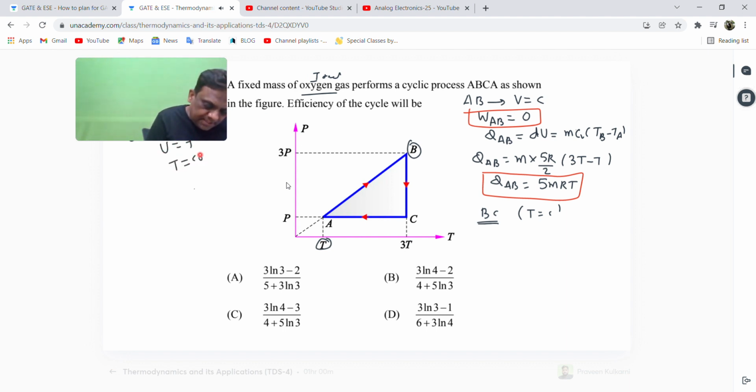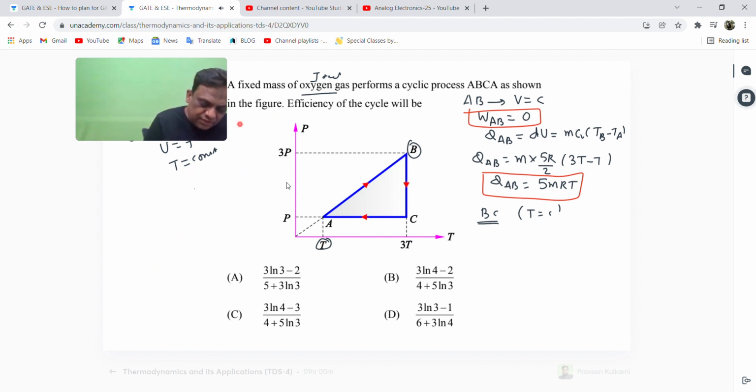When temperature is constant, what is this law? Only Rohit is giving Joule's law. When temperature is constant, internal energy is constant. When internal energy is constant, change in energy is 0. So therefore heat transfer is equal to what?